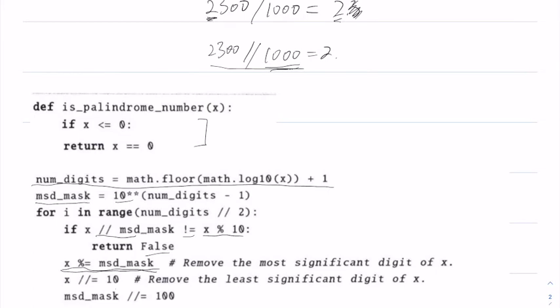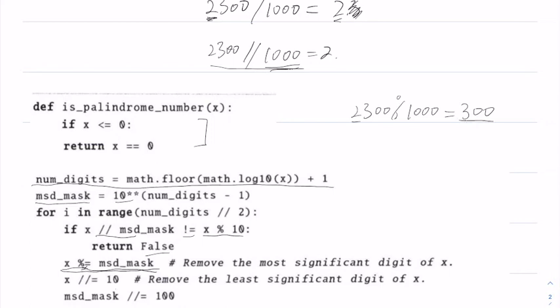So this will give us, for example, 2,300 modulo 1,000. This would give us 300, right? So this gets rid of the most significant bit. This always gets rid of the most significant bit. So we're left with this.